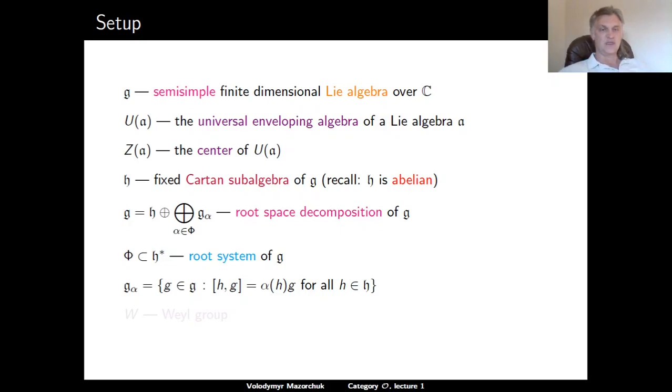So root subspaces are common eigenvectors for all Cartan elements, with the eigenvalues prescribed by the root. In particular, we have the root system Phi of g, a finite subset of the dual space to the Cartan, and associated to it we have its Weyl group W.